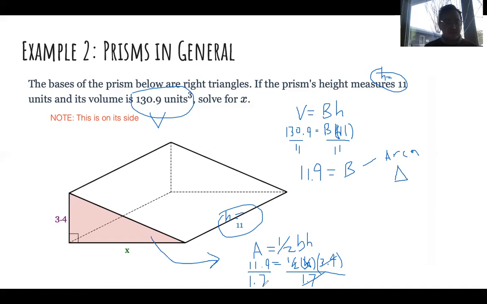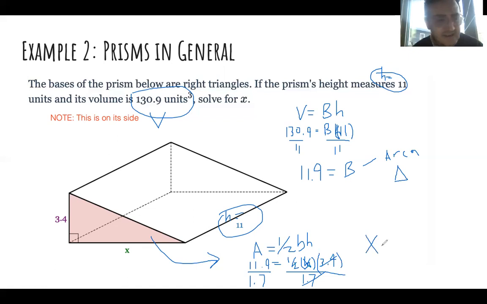So this is actually a harder level volume problem, in that we're starting with the volume and you have to find an ingredient. It's asking us to solve for x.